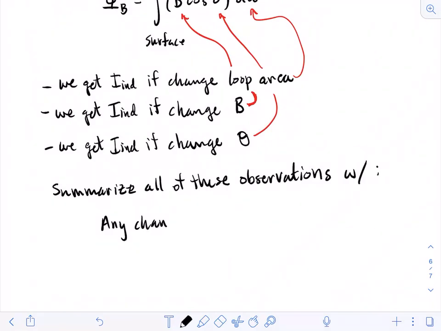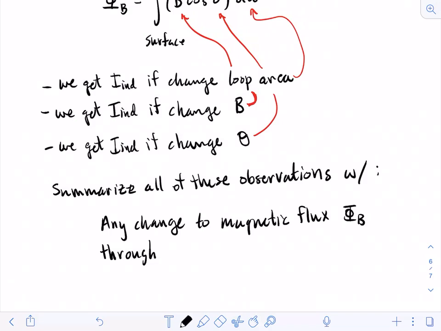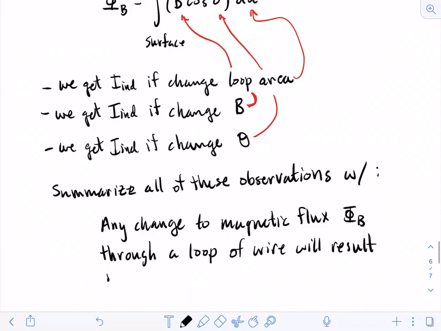Any change to the magnetic flux phi B through a loop of wire will result in I induced, an induced current. This is going to be what we'll refer to as Faraday's law.